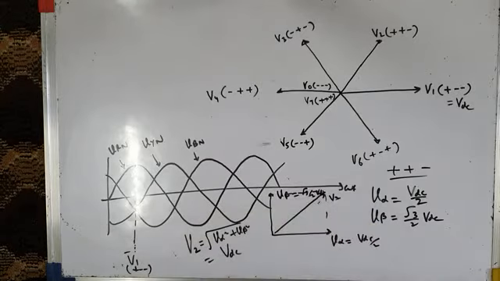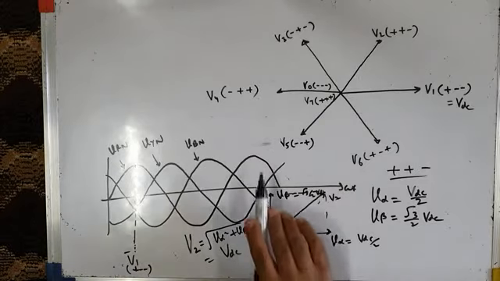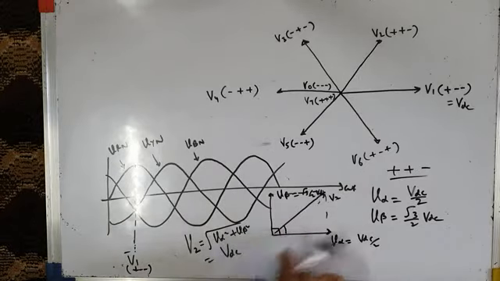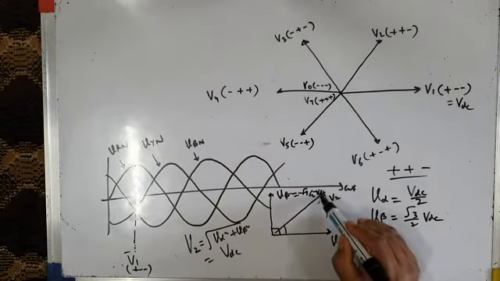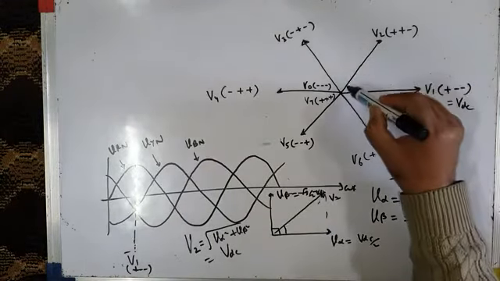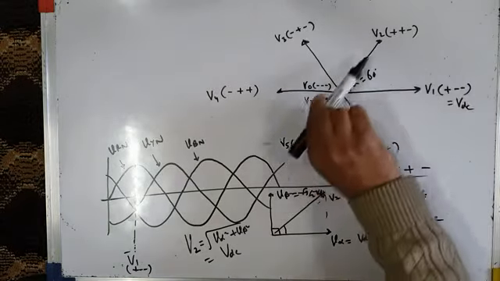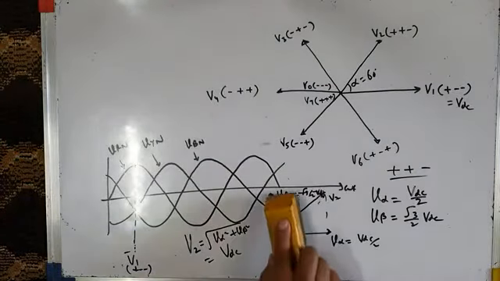So this will be my V2. You can see this total angle is 90 degrees, and that means voltage vector V2, whose resultant is V alpha plus jV beta, or the square root of V alpha square plus V beta square, lies along this axis, and that is why I am showing this vector here after an angle of 60 degrees.